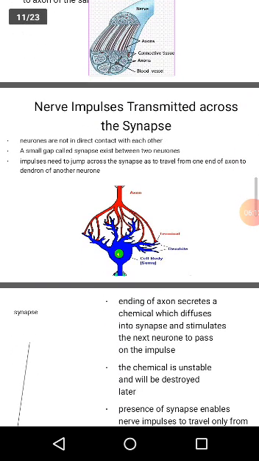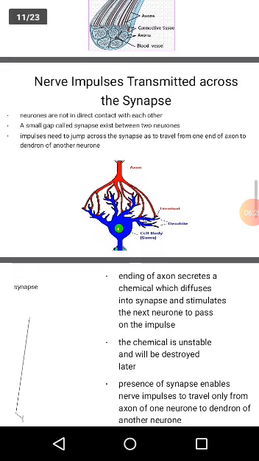Now, how are nerve impulses transmitted across the synapse? Neurons are not in direct contact with each other. Keep in mind that neurons are not directly connected, and a small gap called a synapse exists between two neurons.